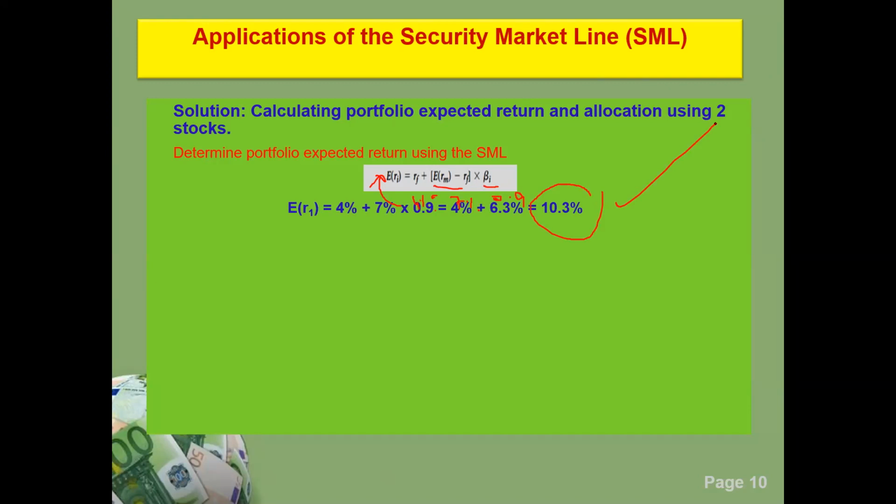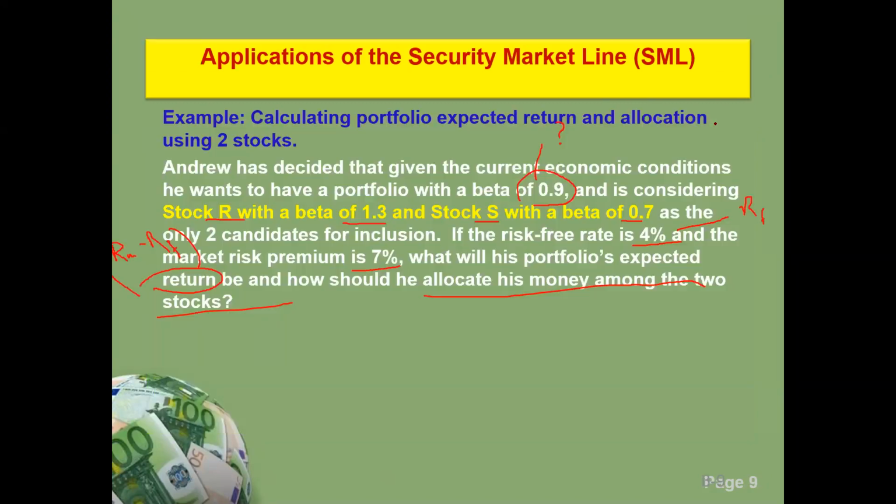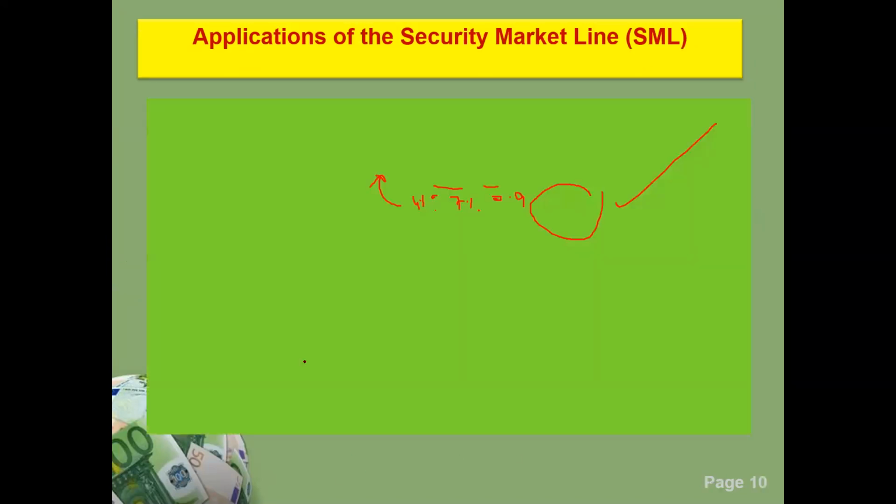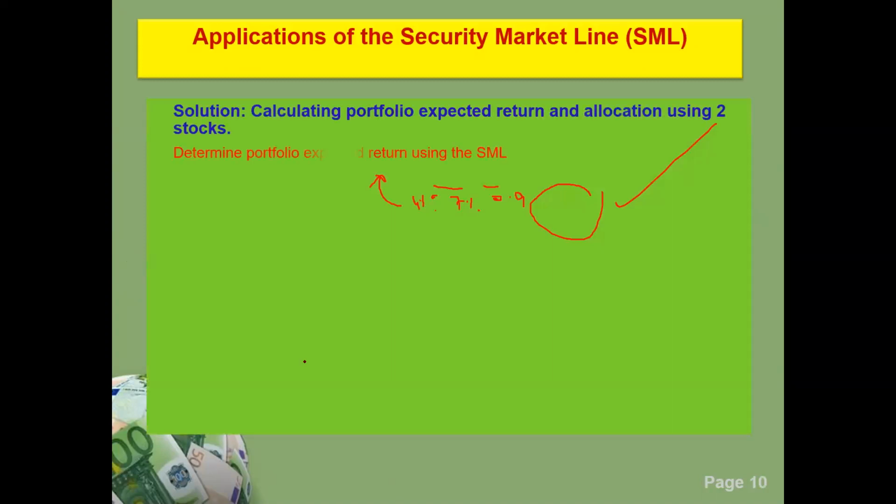What is interesting is how he should allocate money in the two stocks, how much money he should invest in the first stock and how much in the second stock. This is important. That means we need to find out the weights, the weight in stock 1 and the weight in stock 2.